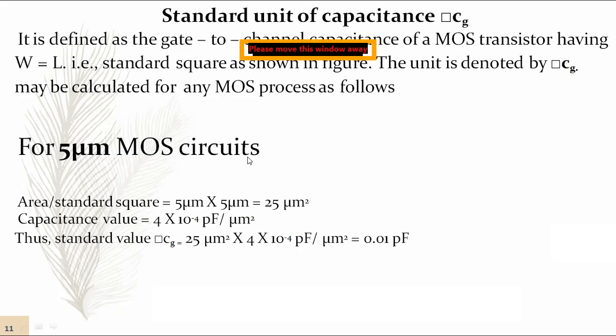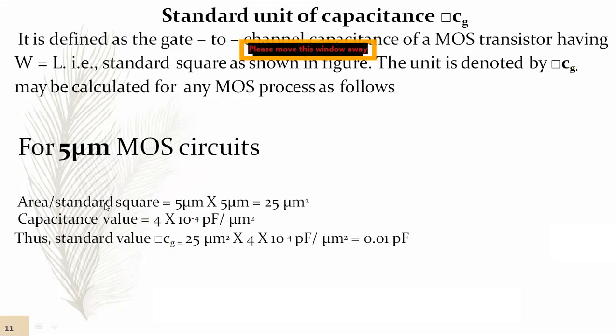Simply take the area per standard square. For a 5 micrometer technology, length and width are the same, 5 micrometers, so the area is length into width, 25 micrometer square. I want to convert this into a capacitance value.